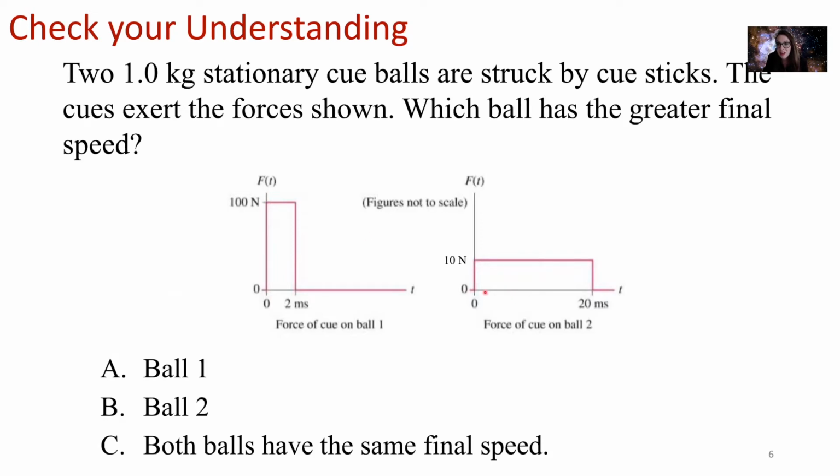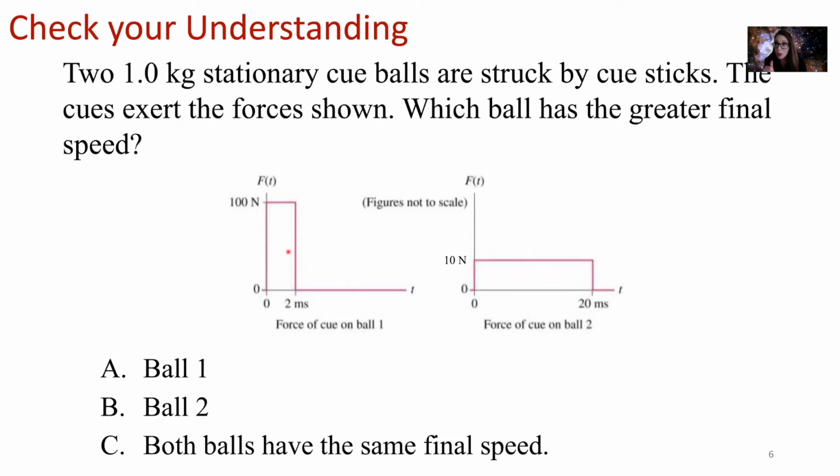And then over here, the collision takes place over 20 milliseconds, and that whole time, the force applied was 10 newtons. So which ball has the greater final speed? Is it ball 1, ball 2, or do both balls have the same speed? Remember that the impulse is equal to the force applied over the time period. That's also the area underneath this force versus time graph.